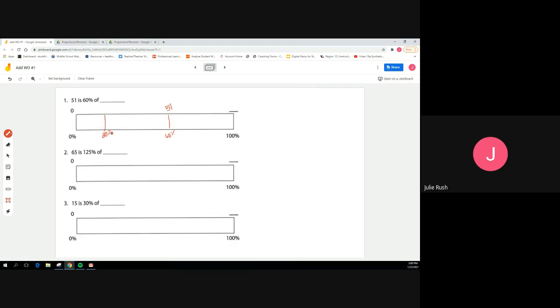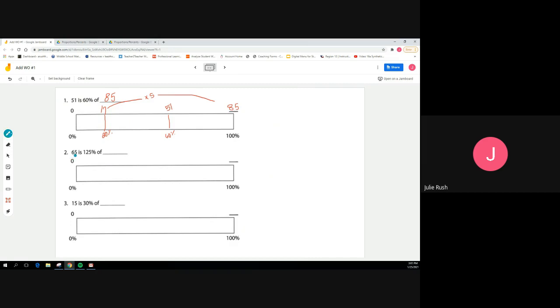It just so happens that 17 goes into 51 3 times evenly. So we divided by 3. Now 20 goes into 100 five times, so I'm going to multiply 17 times 5. 5 times 7 is 35. 5 times 10 is 50 for a grand total of 85. So 51 is 60% of 85.